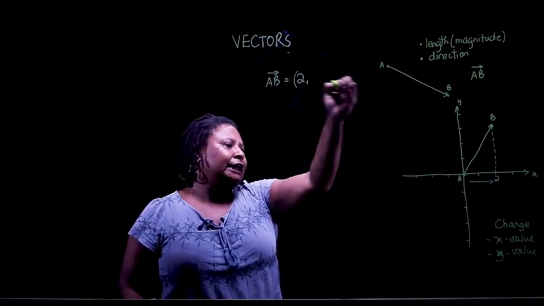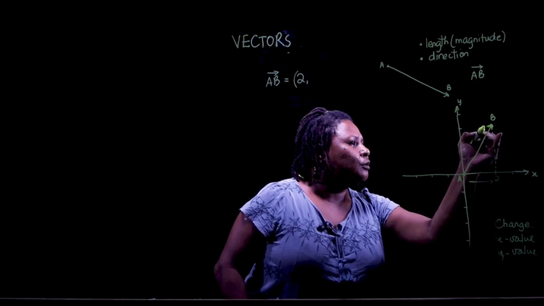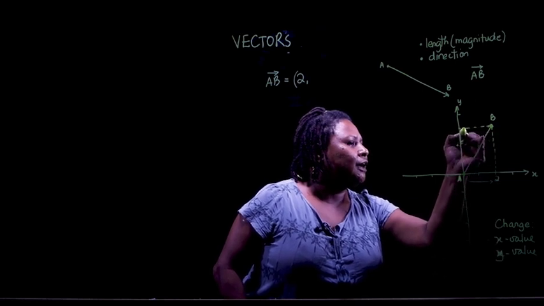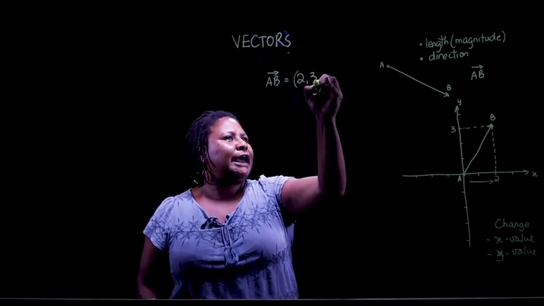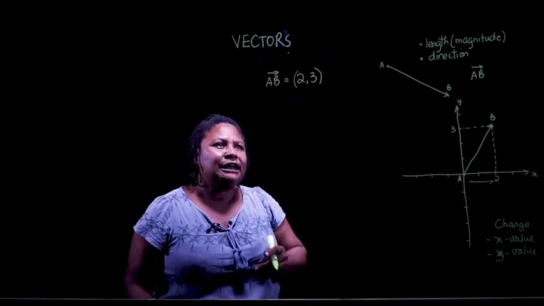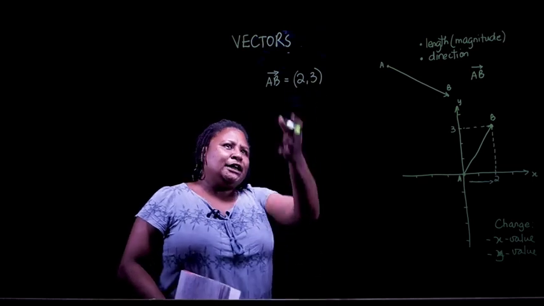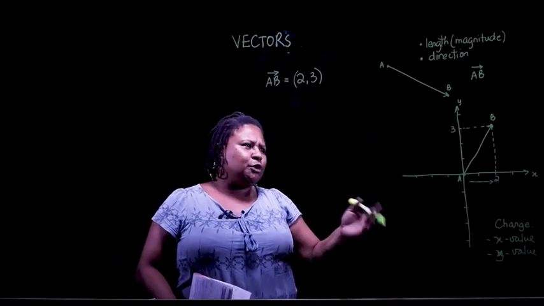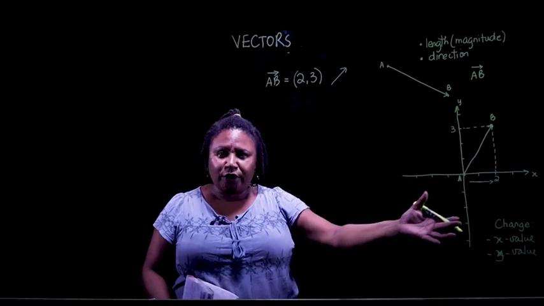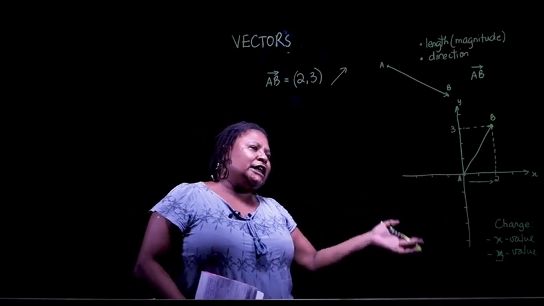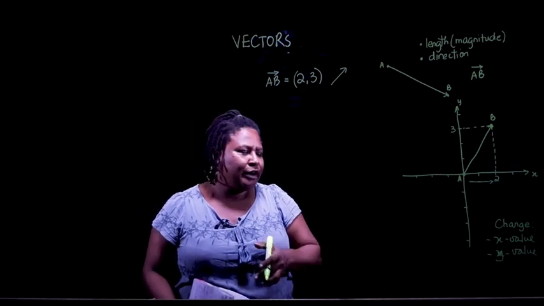And then the distance up would be to the point here, which is 3. So this vector AB is in the direction of 2, 3. Remember, if I ask you to give me the direction, you can't simply write it as an arrow. It needs to be as coordinates. Coordinates give location, and in this instance, it's the direction I have to travel.